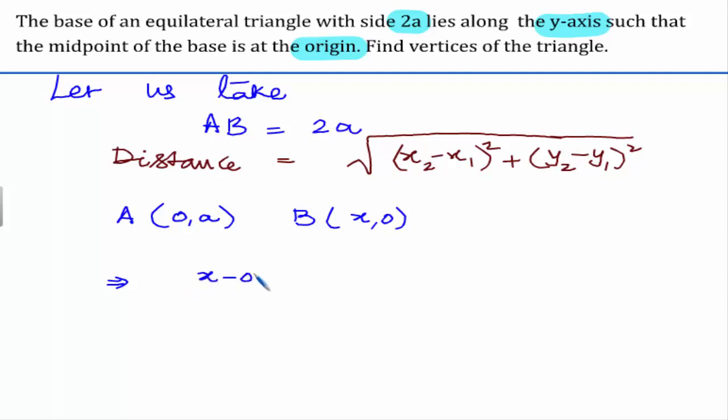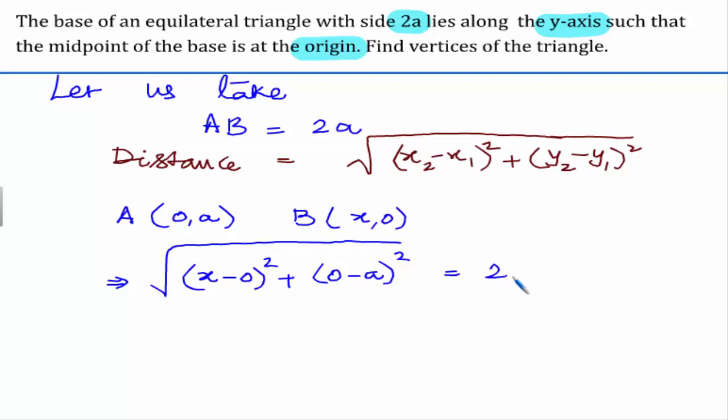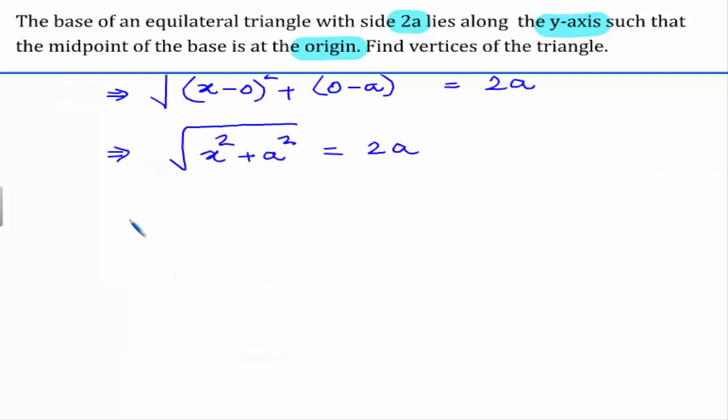X minus 0 whole square plus 0 minus A whole square, whole under root, which will be equal to 2A. Now on further simplification, we get square root of x square plus A square is 2A. By squaring on both sides, we get x square plus A square is 4A square.